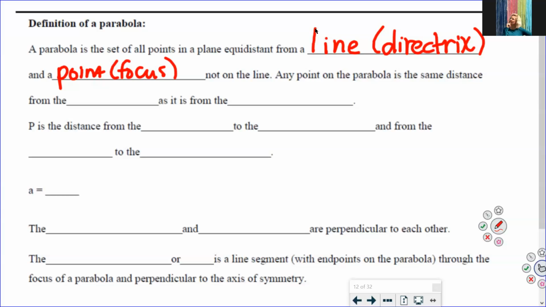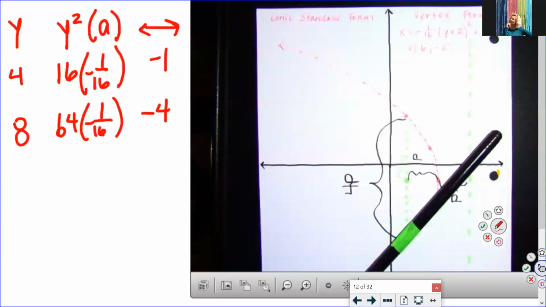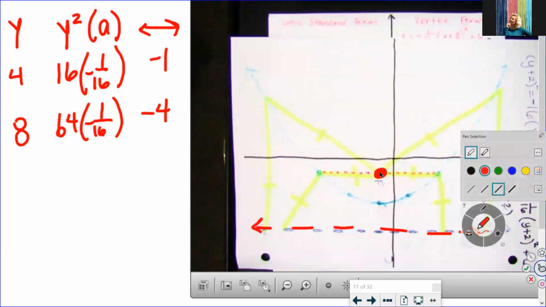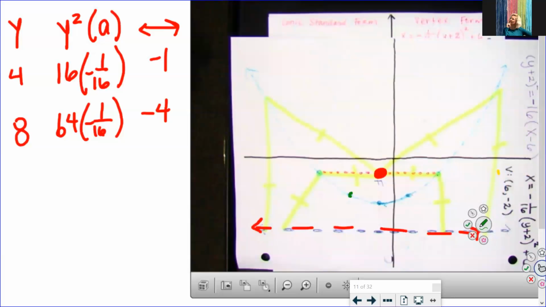So let me go back for just a moment. If you notice right here, this is what that means, equidistant. Don't write this on your paper. This is a lot of busy stuff. But here's the focus. Here's the directrix. Every single point on the parabola, let me change color. Here's the parabola.